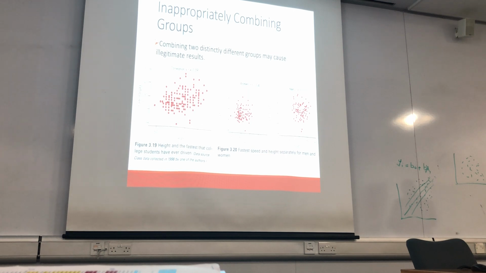It's not as strong, but there is an association. However, when you separate men and women from the data set, so you divide them, what happens to R? It drops significantly, which is dangerous. This is why, when you use these statistical tools, you have to account for the group differences. Okay.